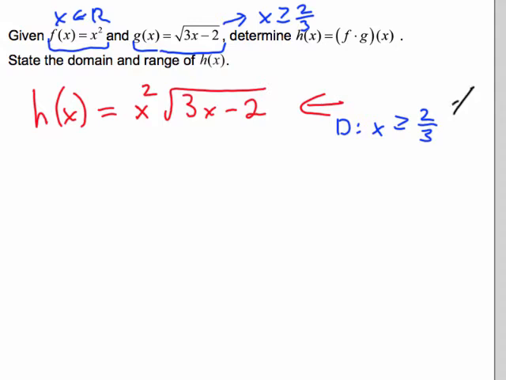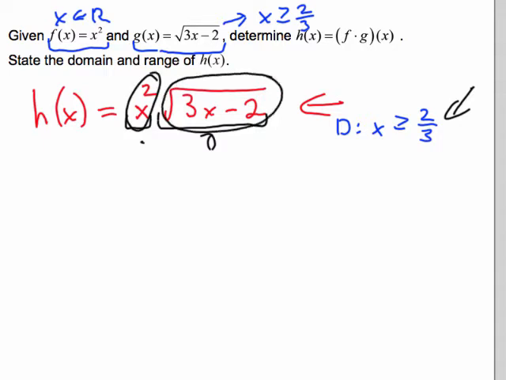If I put these values of x into my function, if I put 2/3 in, I know that's going to result in 0 there and something more than 0 here, but I know that 0 times anything is 0. And I also know that the outputs for these two individual pieces is more than 0, so I can see, I think, that my range is going to be greater than or equal to 0.